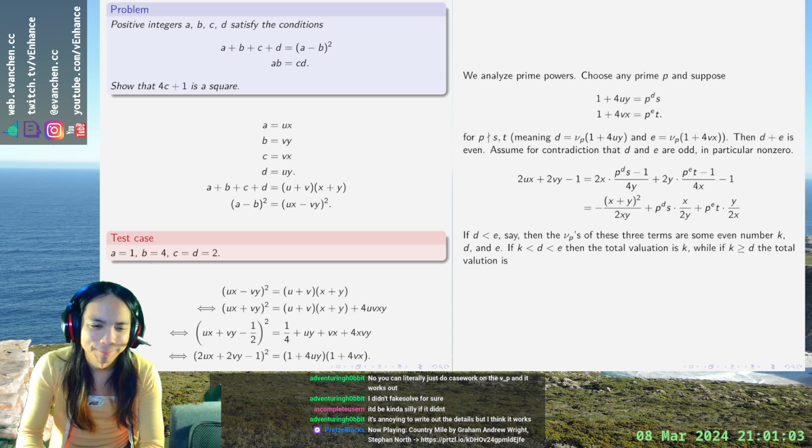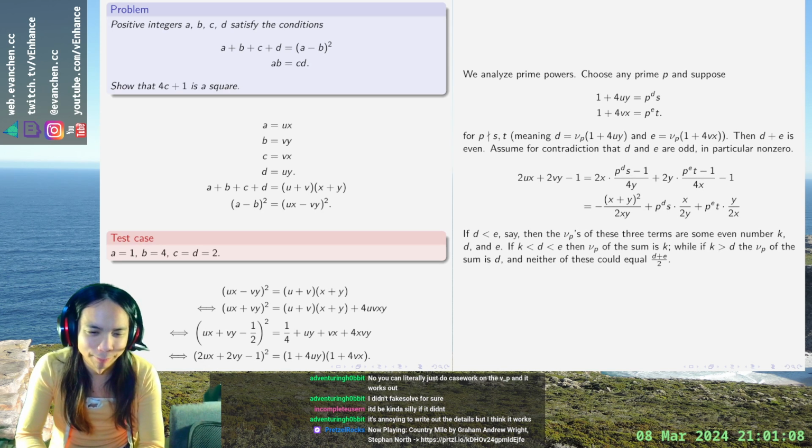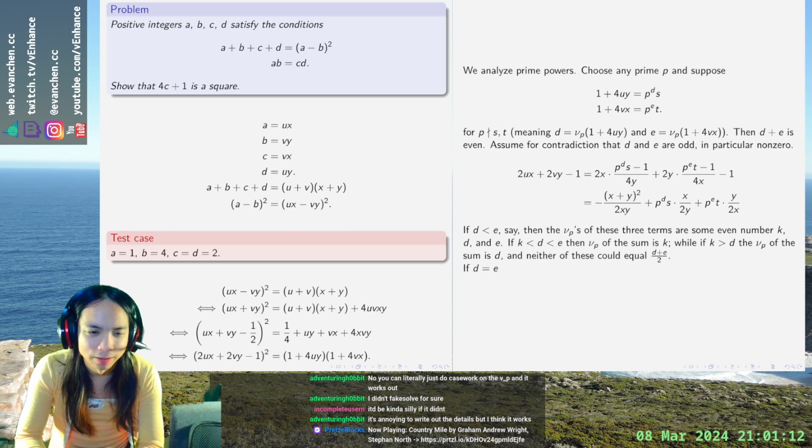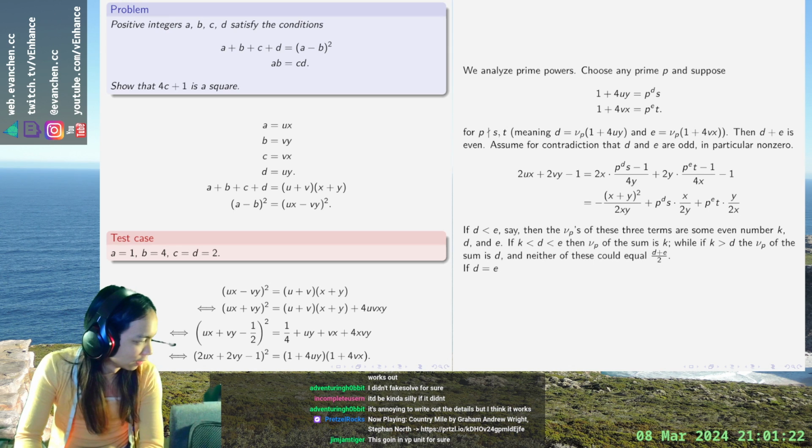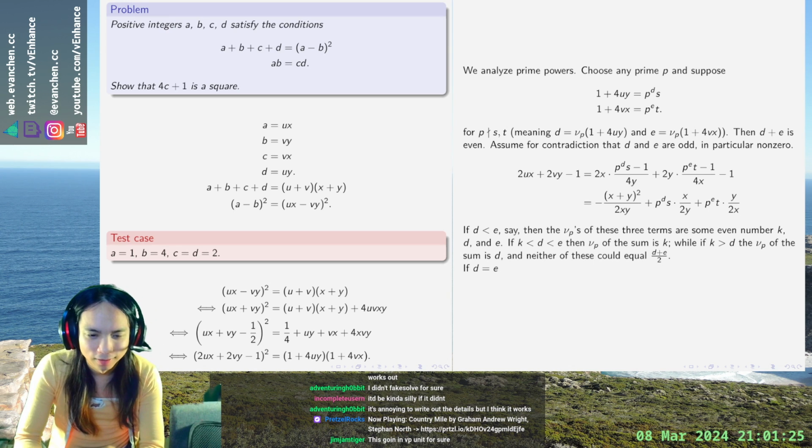Yeah, but I'm having a problem with this D equals E case, which is actually the case that we do care about, because that case does show up. If D equals E, I need to instead show that I claim that... what happens with D equals E?